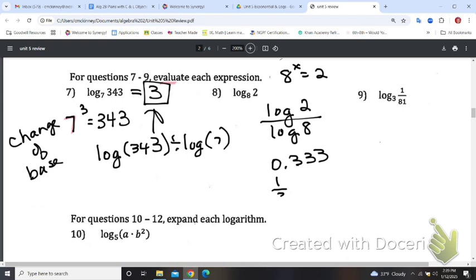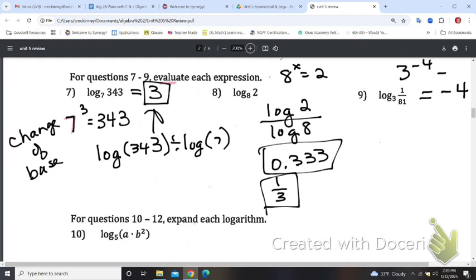Or if you use the equation, you might say 1/3. Either of those answers are okay. And then here, some of you are just going to look at that, and you are going to know that 3 to the 4th power is 81, and that it's in the bottom, so it has to be negative 4th power. Because, and this is what I'm thinking, this is equal to this.